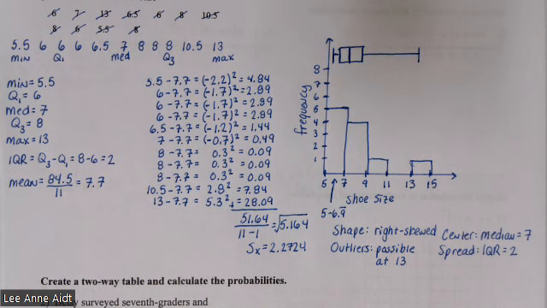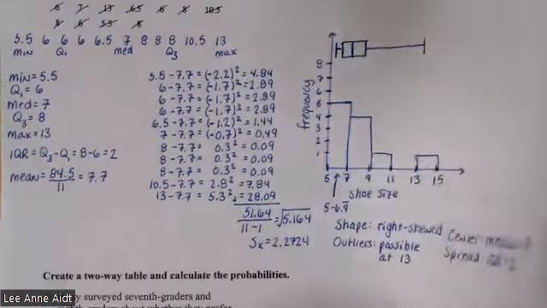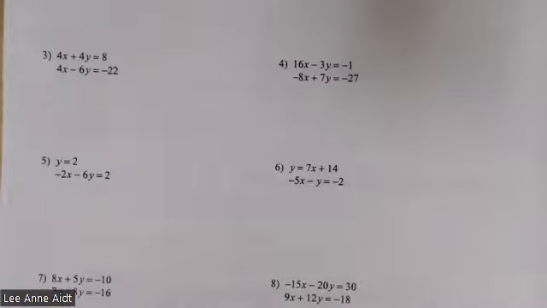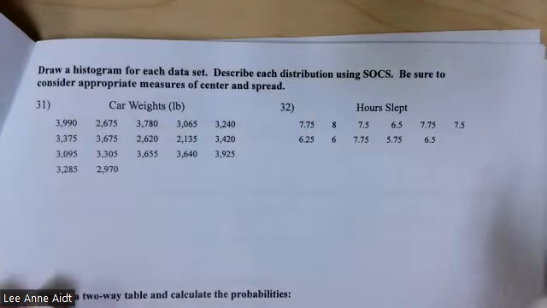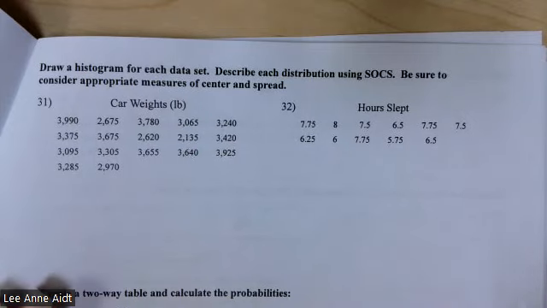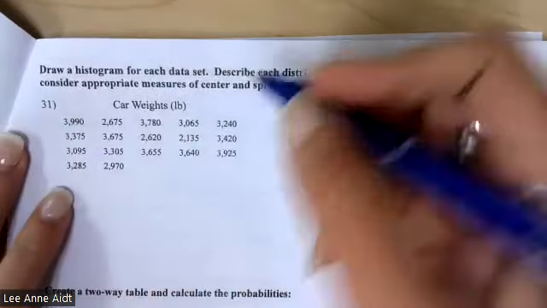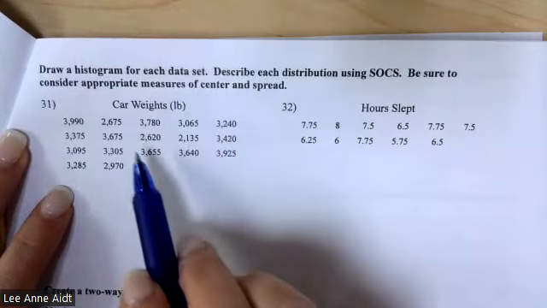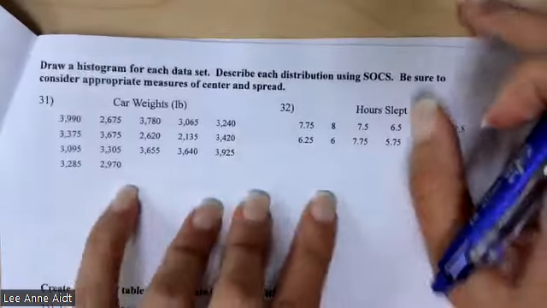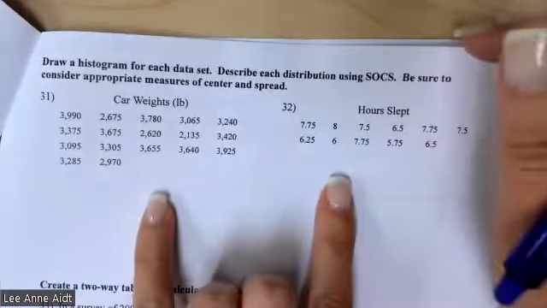Also, I want to point out on your review assignment, end of period Tuesday. Do you guys see number 31 and 32 are the same types of problems?